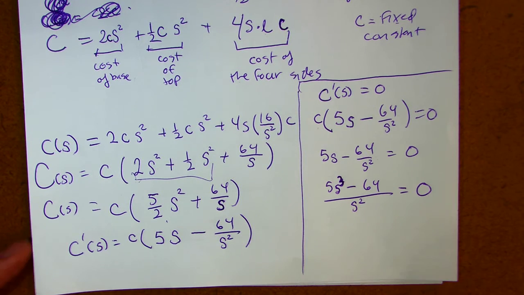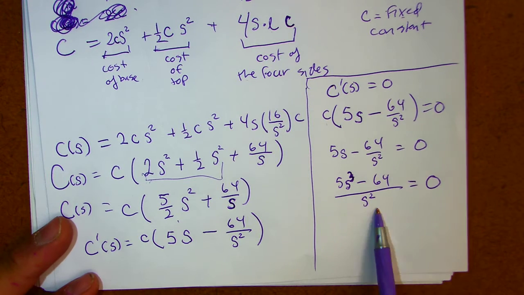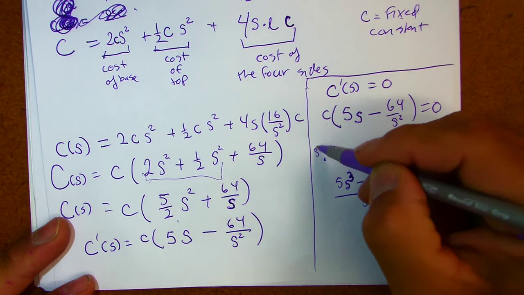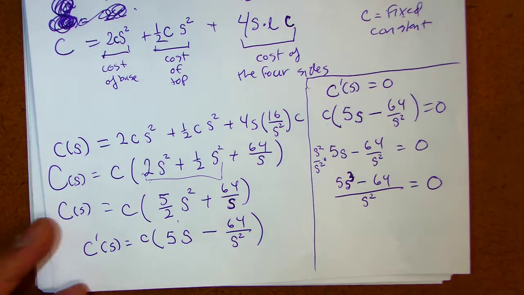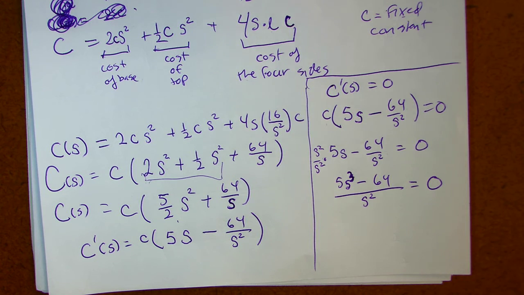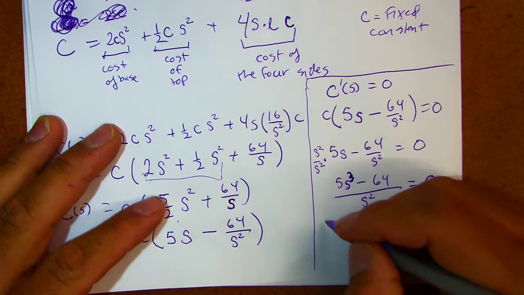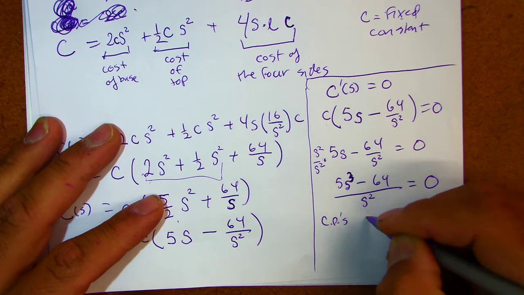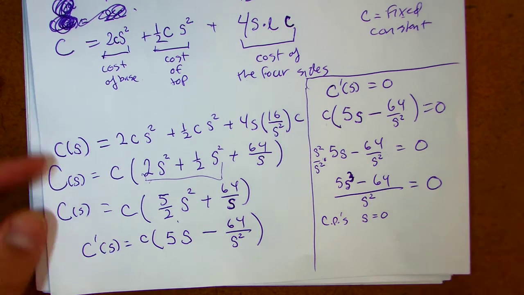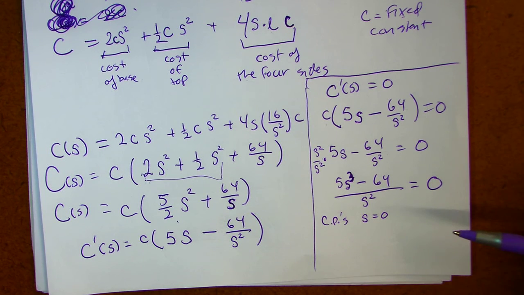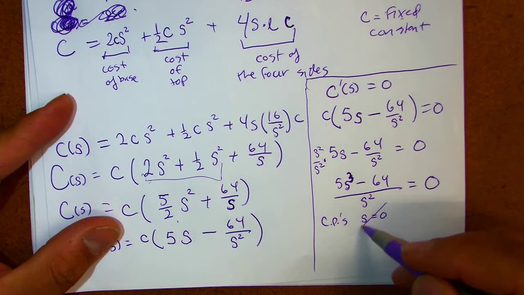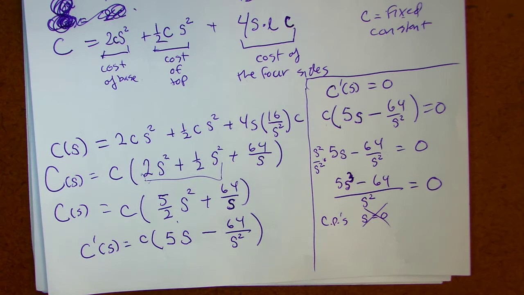Okay, so if I write this with a common denominator of S squared, that means here I multiply by that. All right, and that'll give me this function. And again, we have critical points for our derivative when S equals 0. But again, this is not very useful. I don't want a side of 0, right? That would not be a very efficient or effective box.